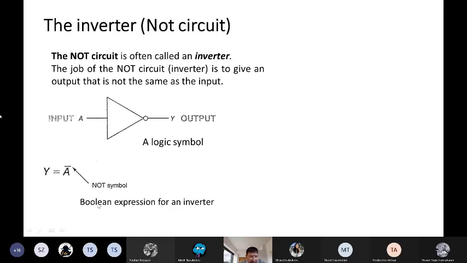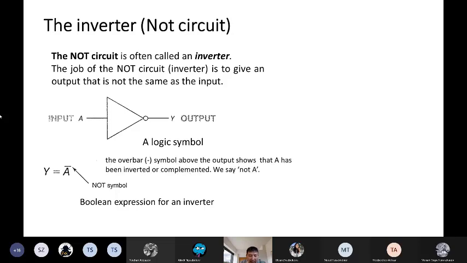So, now the Boolean expression. You can see that we need to draw an over bar that shows the NOT symbol. So A, here we have A with a bar above.